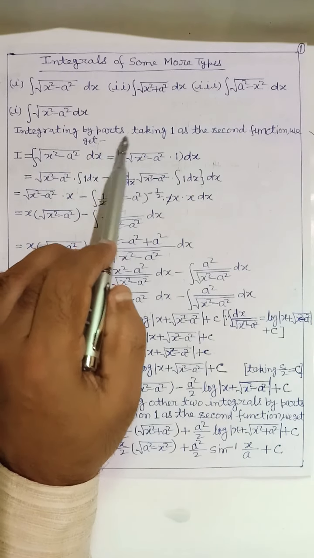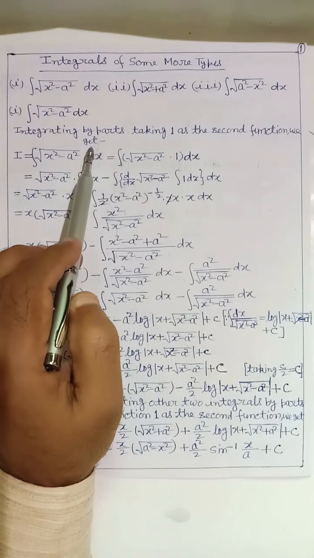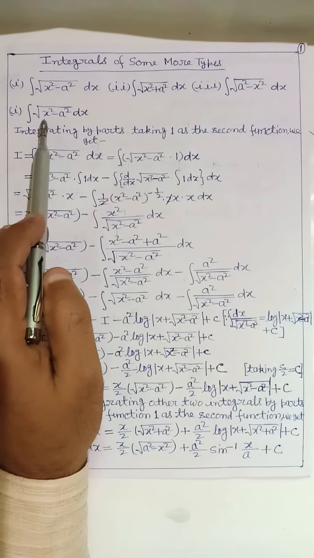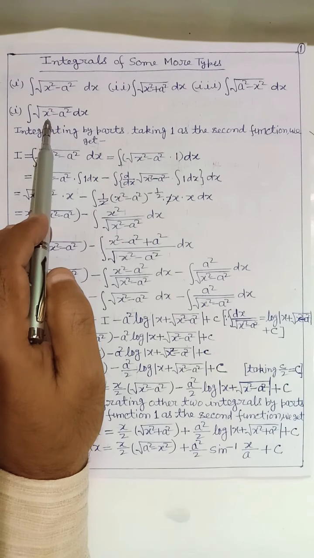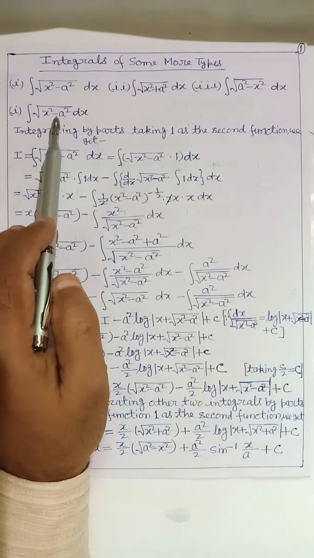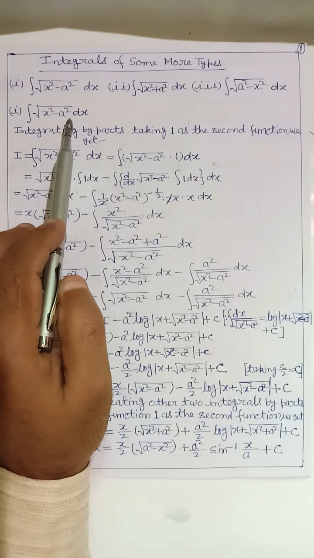Integrating by parts, taking 1 as the second function. Here one function is given, this is square root of x square minus a square. So by parts we take the second function as 1.